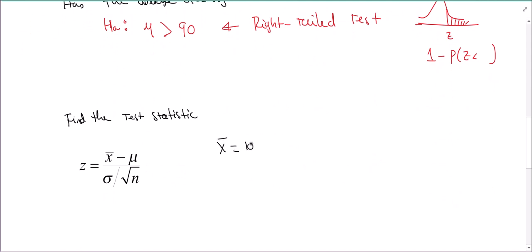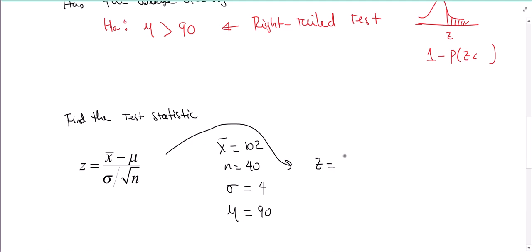X bar is 102, n is 40, and sigma is 4. And from our hypotheses, we know that mu is 90. So then let's find our Z.